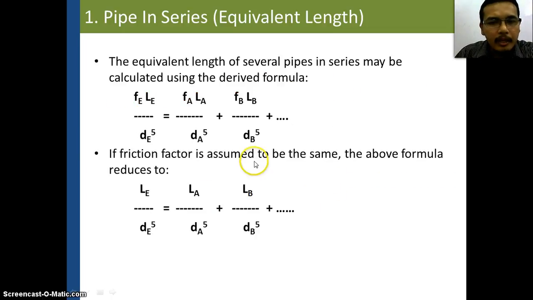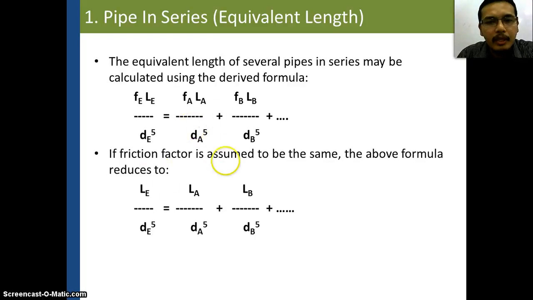Okay, the last two formulas: how to determine the diameter and how to determine the length. When we have two different pipes, for example with two different materials or two different diameters, we need to simplify them into one new diameter and one new length.